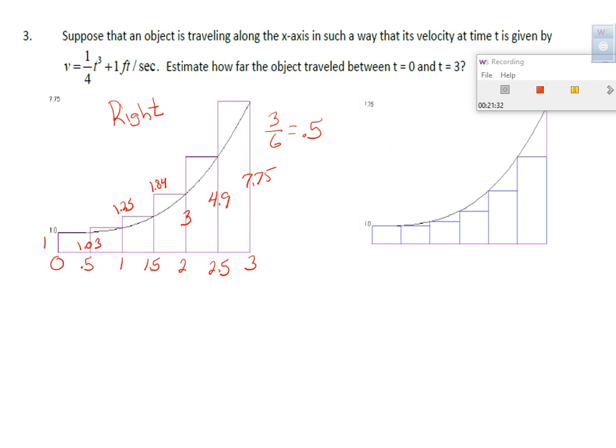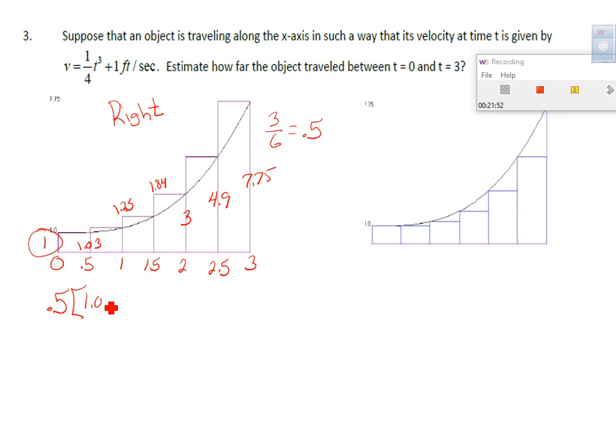Since we're doing this by right bound, there's my 0.5. Decide if you need the 0 or the 7.75. We need to include the right in this time, so you will not include that left one. So this 1 doesn't get included.